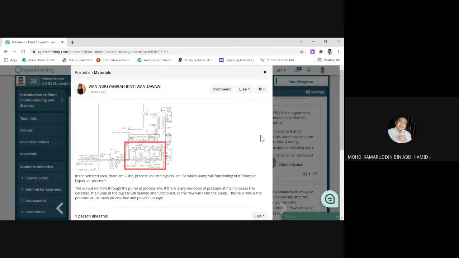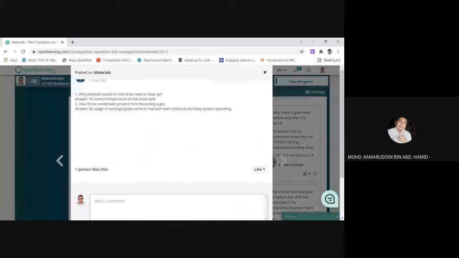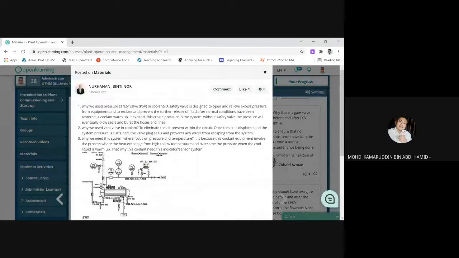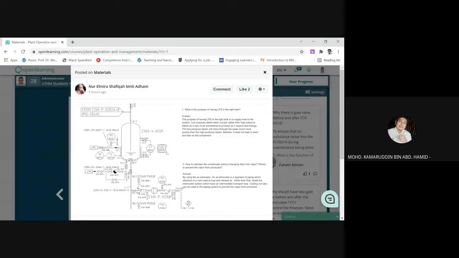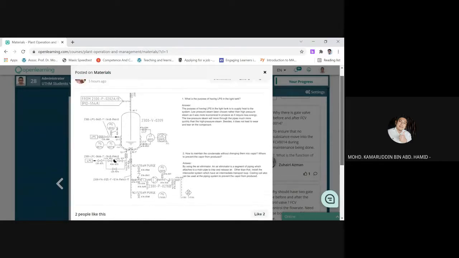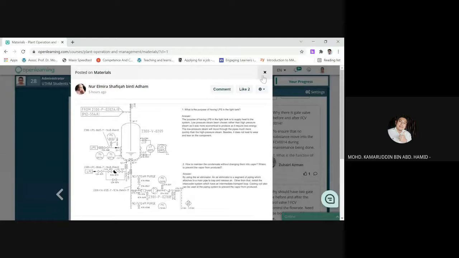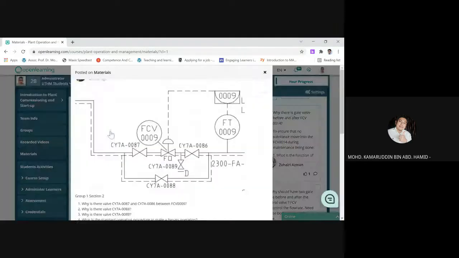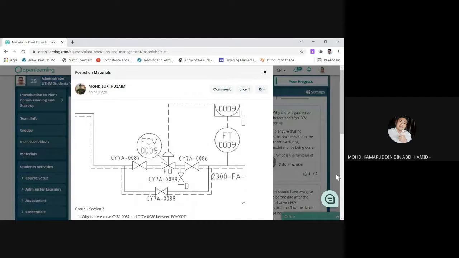Oh, sebab dah ada backup tu, sebab tu dia punya bypass tu. Okay, tak apa.